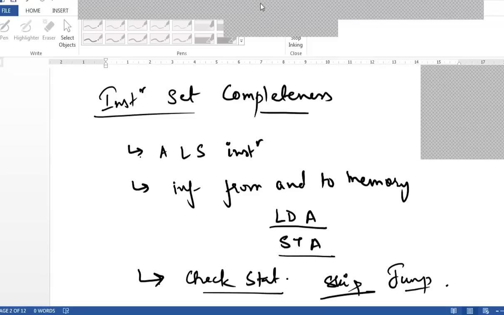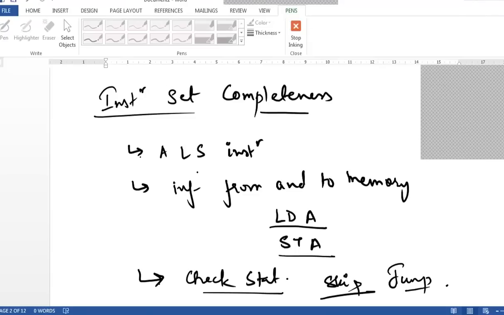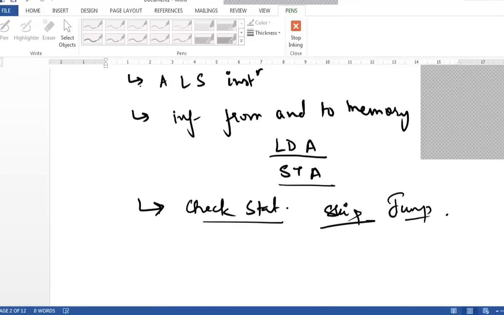So, I can say that my instruction set is complete if I have all my arithmetic, logic and shift instructions. I have all the instructions related to loading and storing to memory, that is, fetching data from memory and writing data to memory.